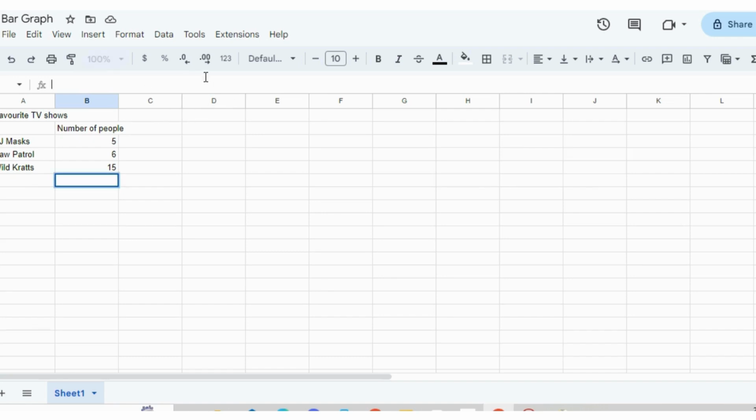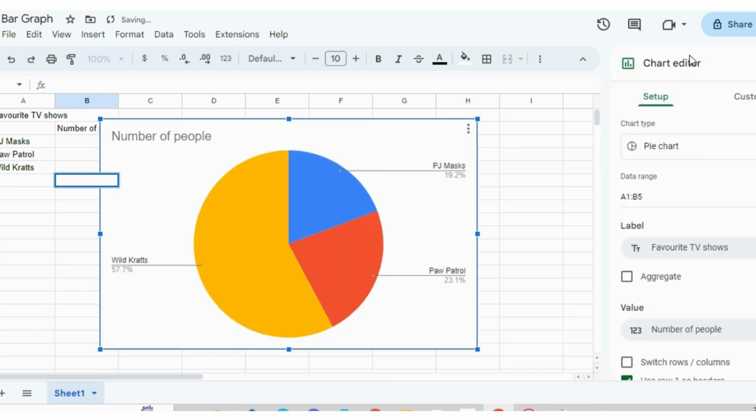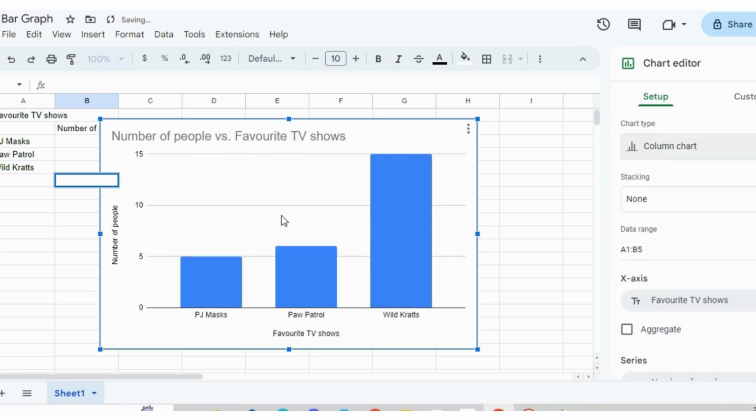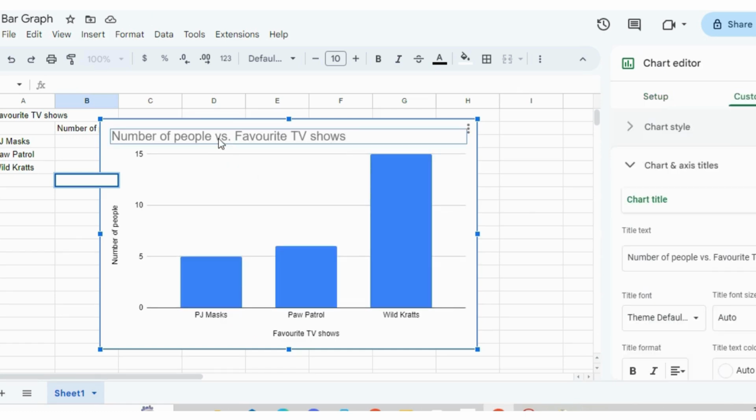So we go here, we find this, insert chart. This is the wrong chart, so we have to do a different chart type, which we'll do columns chart, which is basically the same thing as a bar graph.